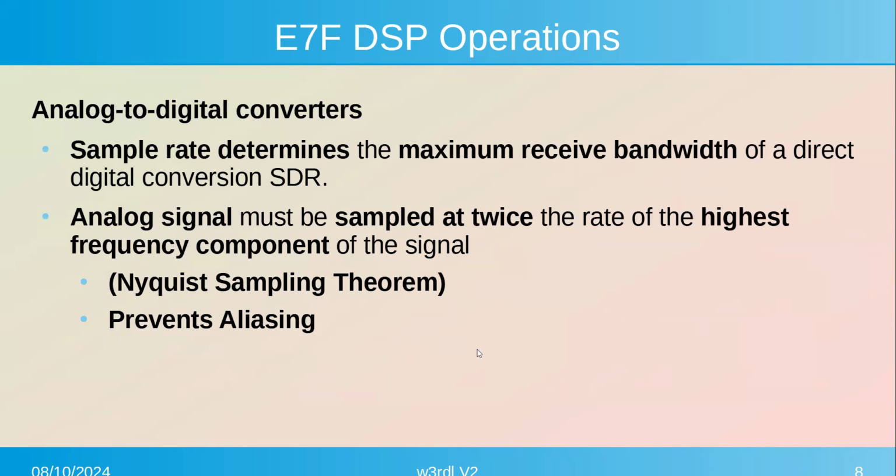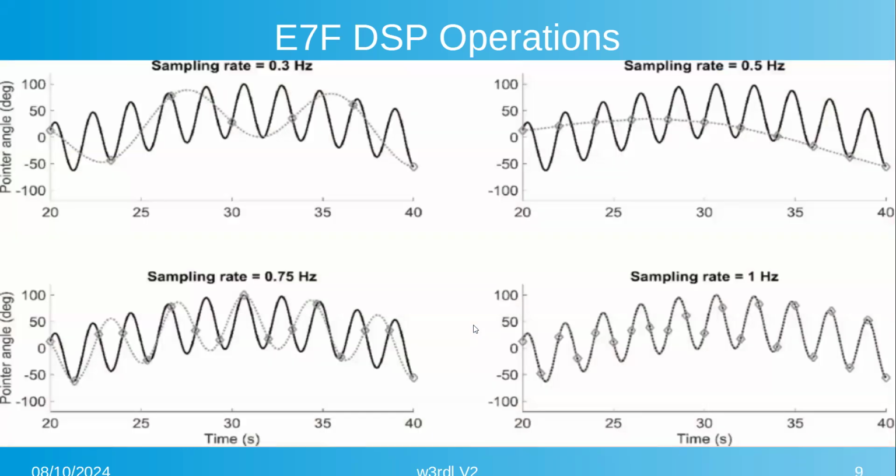And I think this next one, if I can get there without double clicking, is showing we have a 1 hertz signal, and it shows what happens if you sample it at 0.3 hertz. So you're only hitting every other one.